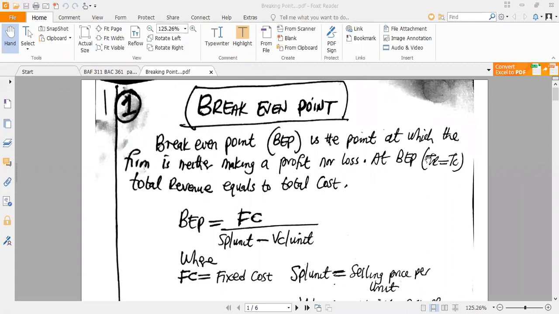Continue, sir. Okay, so we're looking at the break-even point. This is the point at which the company is neither making profit nor loss. At this point, the total revenue that the company is generating equals the total cost.